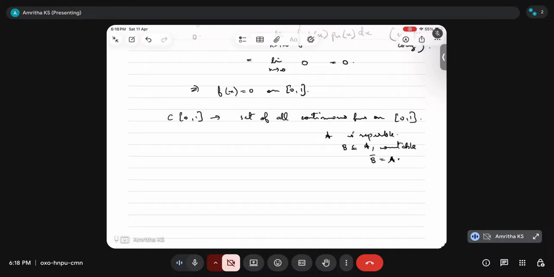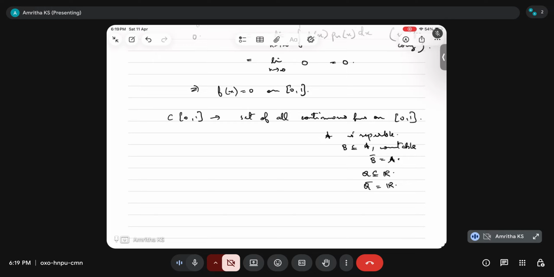Real numbers are separable because we can take the rational numbers, and we know that the closure is R. So the Weierstrass approximation theorem helps us show that the set of all continuous functions on [0, 1] is separable. [0, 1] does not matter; any compact set in R works.